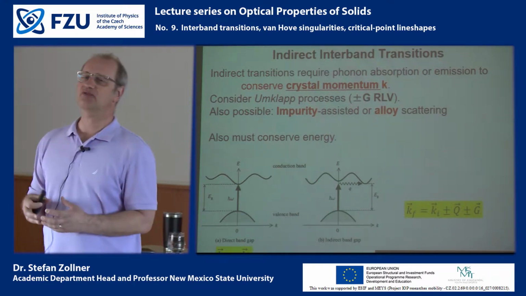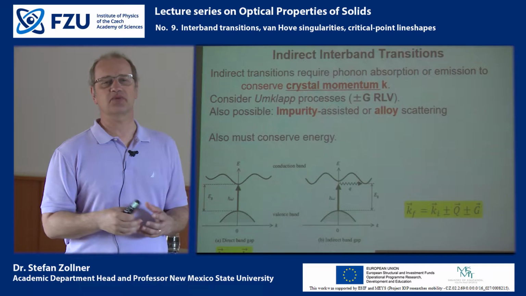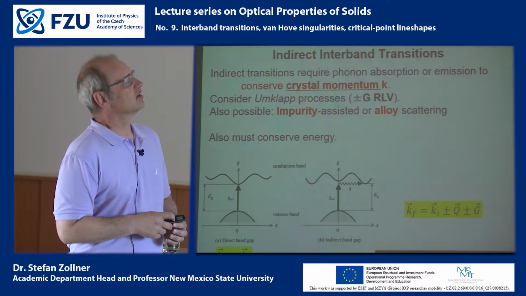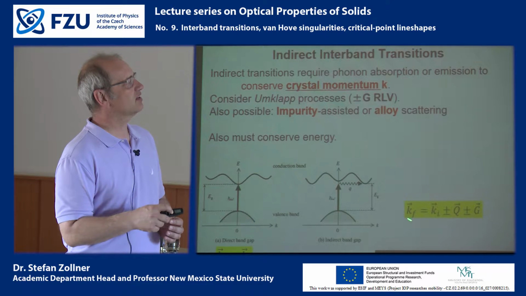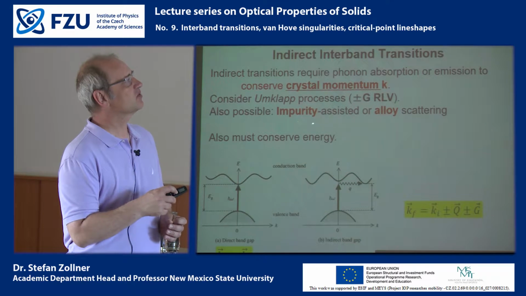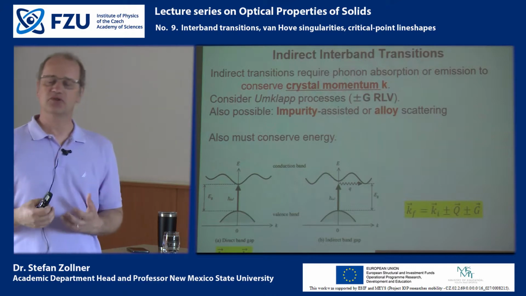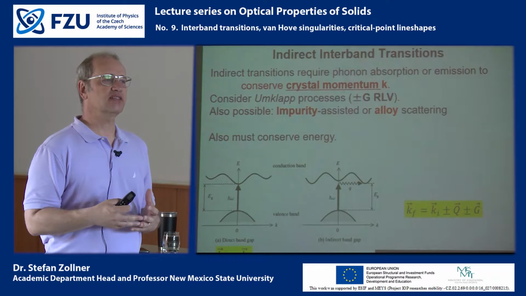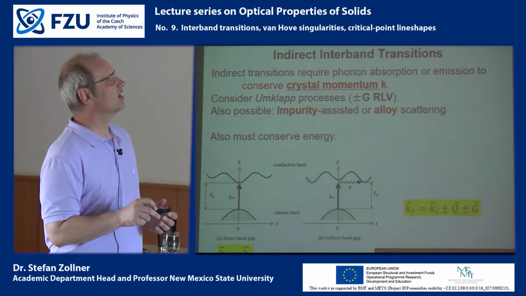So if we have a nanoparticle, or an alloy of silicon and germanium, or gallium arsenide and aluminum arsenide, then sometimes this condition for momentum conservation can be relaxed because of impurities or alloys. But if we look strictly at a pure crystal with complete translational invariance, then this momentum conservation is required in the process.